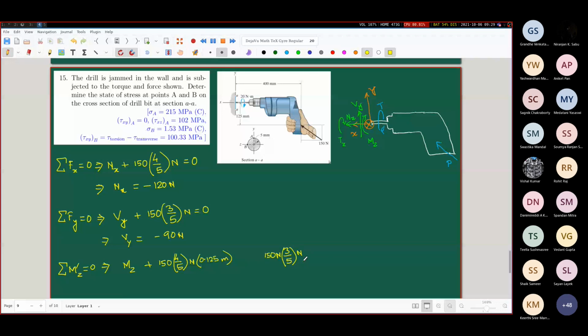Now, is this having a positive sense or negative sense? Negative. This is equal to 0. So, do this calculation quickly and tell me the value of Mz in Newton meter.